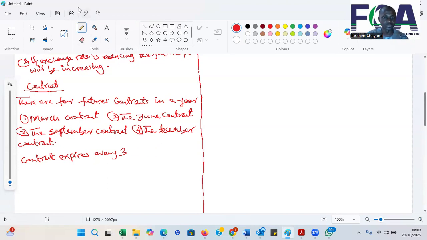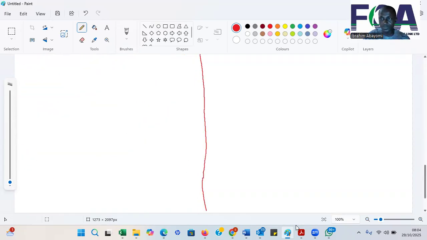Please note. Contract expires every 3 months. So it depends on your exposure. The rule is this.